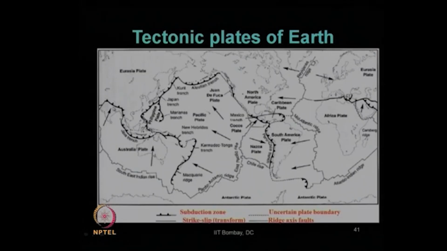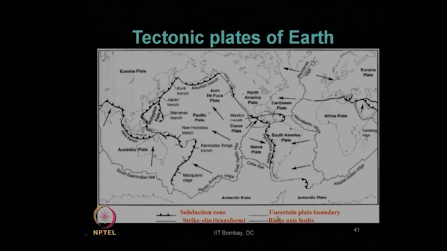That is the reason why there is a formation of Mount Himalaya, and it still builds up in height every year by a few centimeters. Similarly, at other locations you can see various subduction zones, and the direction indicates which plate subducts into the other plate, like the Nazca plate subducts into the South American plate.